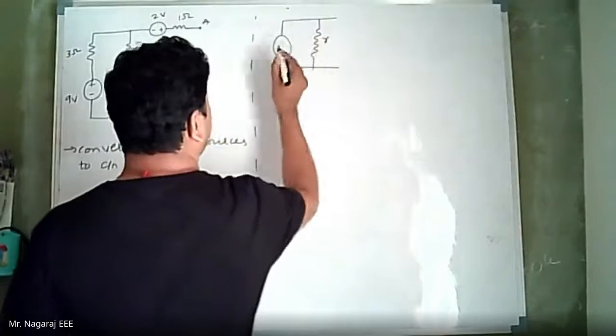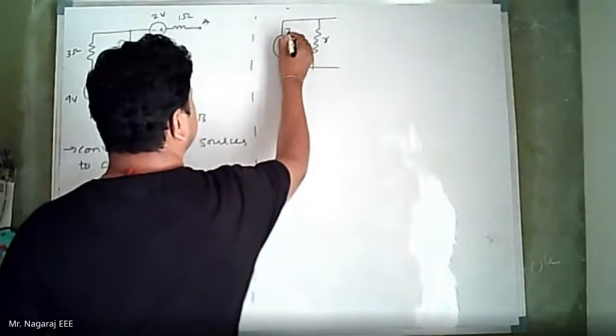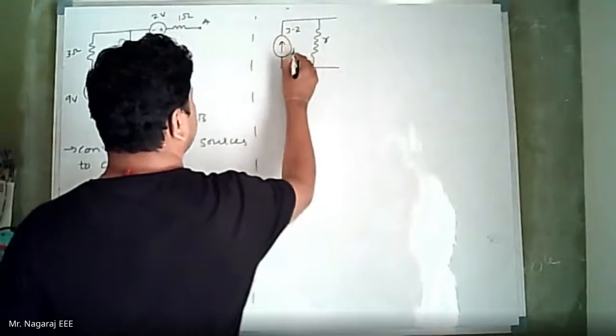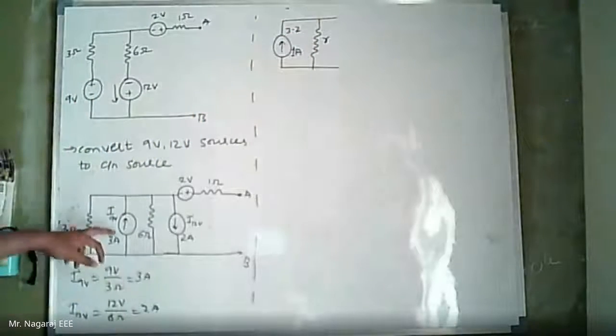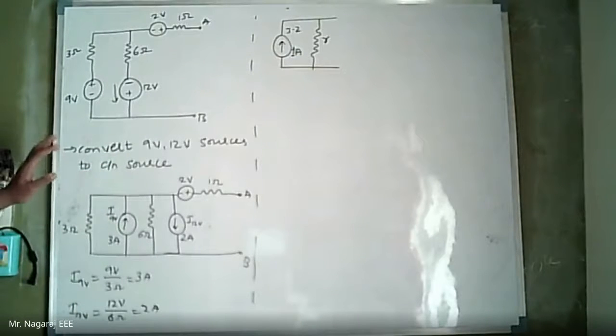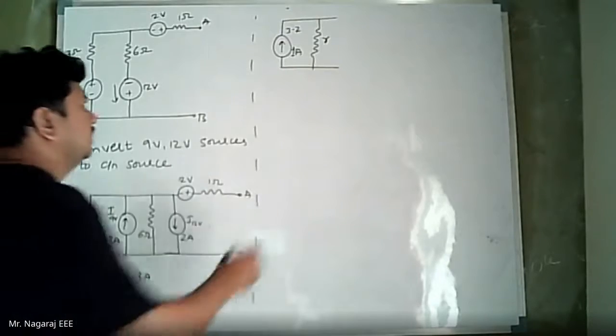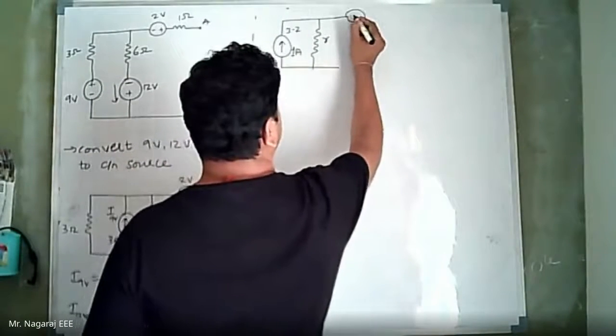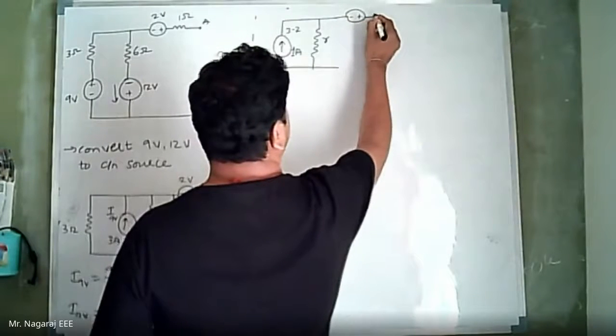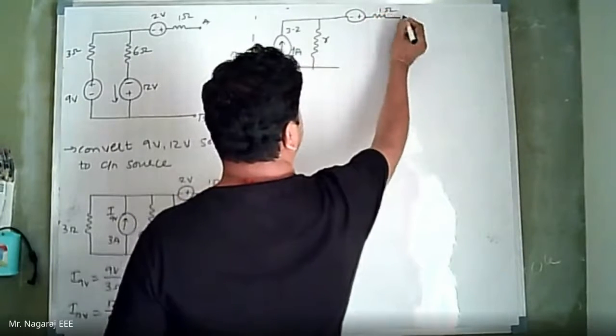This is resistance R. So this is 3 minus 2, that is 1 ampere, with the direction of 3 amperes, because 3 ampere is the larger current, it is flowing upward. So the net current will flow upward. That's simple. In series with 2 volts and 1 ohm.